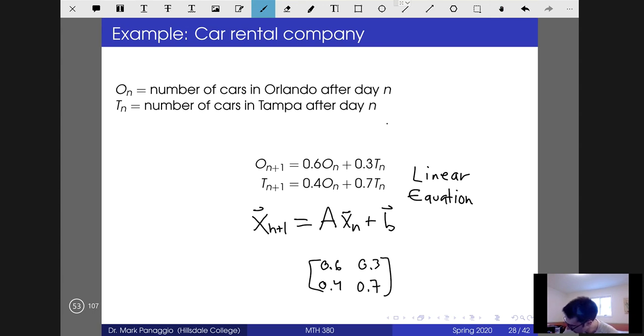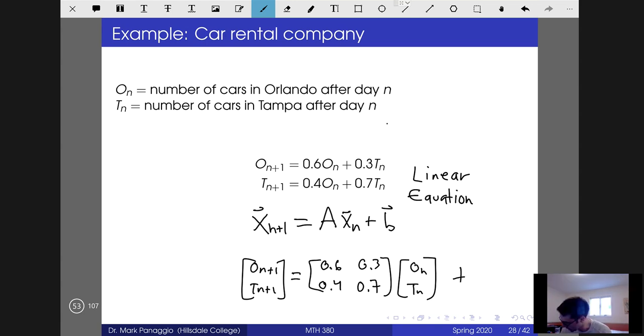If we multiply that matrix by ON TN, we get precisely the right-hand side of the equation here. And so that gives us the state at time n plus 1. And so we could think of that as being plus 0, 0, which means this is indeed a linear difference equation. All right. So that is how we set up the model.